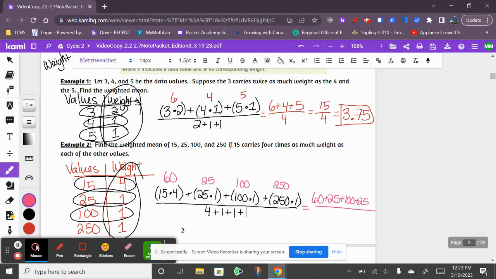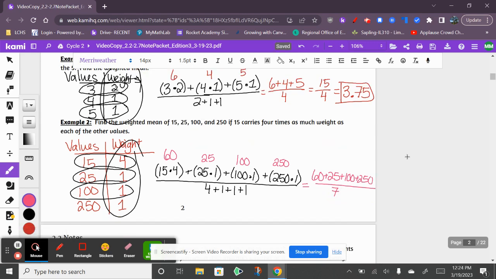And the bottom is going to be divided by 7. Okay, so if we add up all of the top, we end up with 435. And if I divide by 7, I get, and we'll just round to 2 decimal places, 62.14.